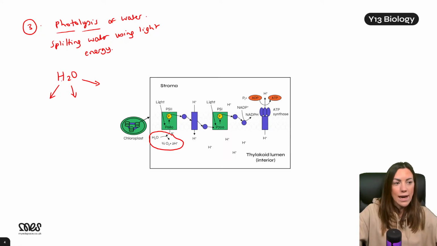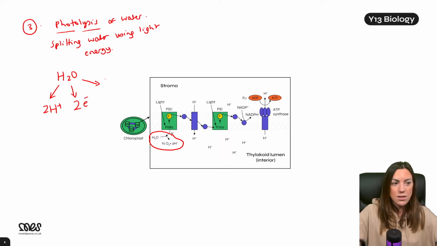So the 2 hydrogens that we have are going to split into 2 protons and 2 electrons, because remember, hydrogen is just 1 proton and 1 electron, right? We've got 2 hydrogens in water. So if we split 2 hydrogens, we're going to split it into 2 protons and 2 electrons.